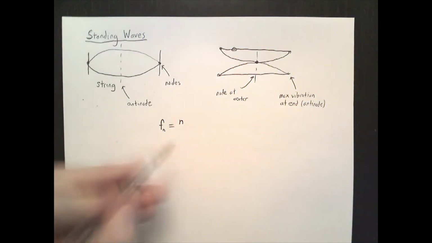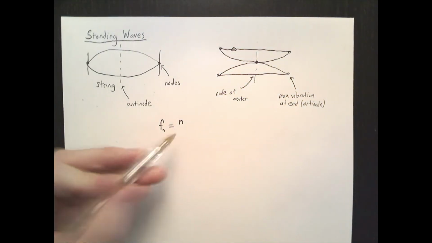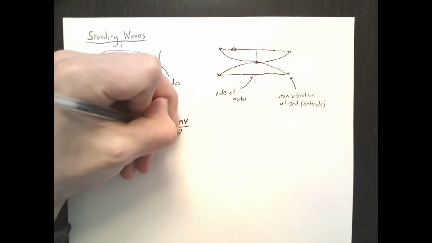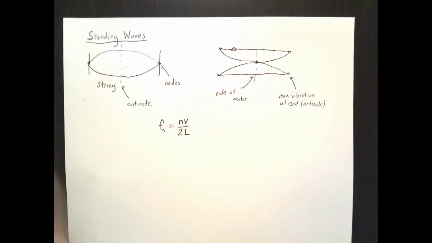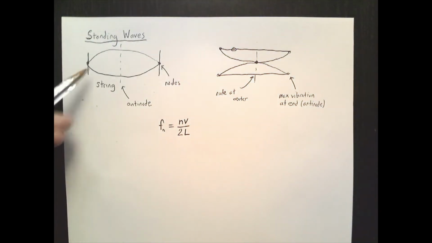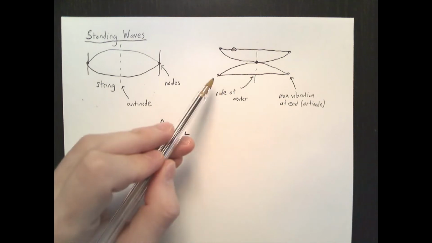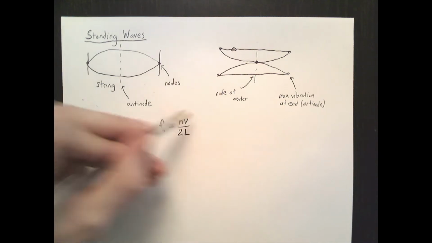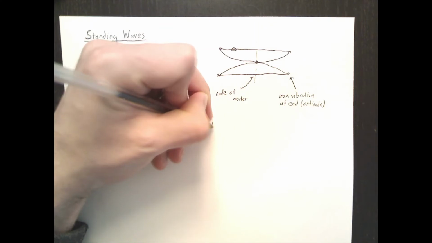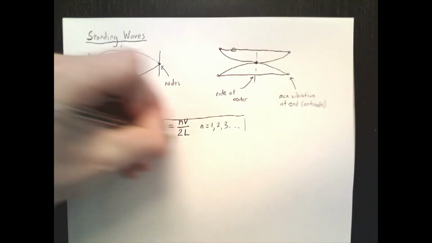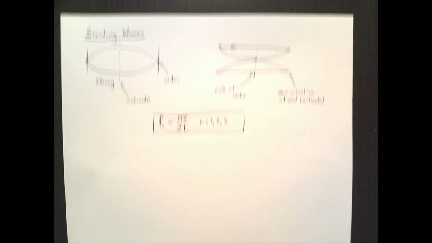If we were looking for the third harmonic, n would be 3, times the velocity divided by twice the length of the object. The string has a length from one side to another. That's our characteristic length there. Our characteristic length for the tube is the size of the tube over there. And again, n can be any integer value that we want. So that's what we've seen already.